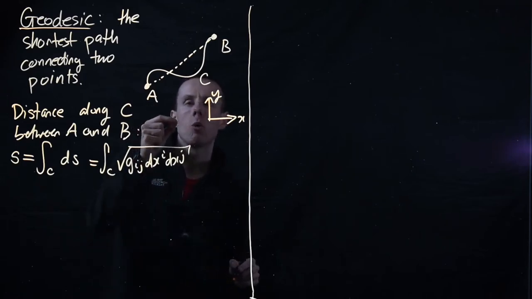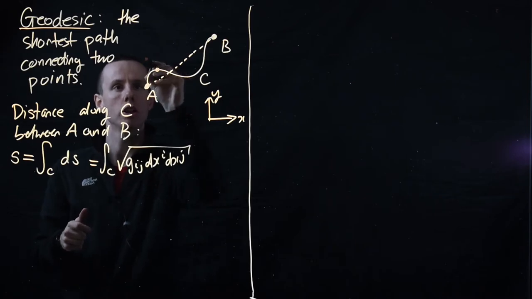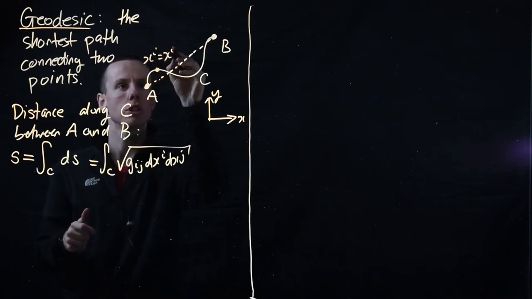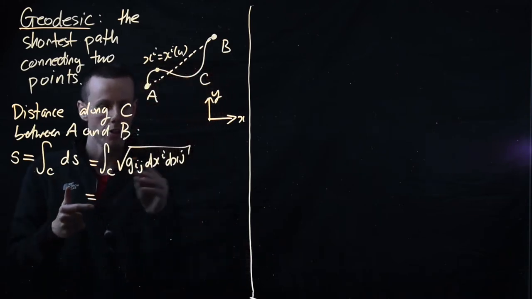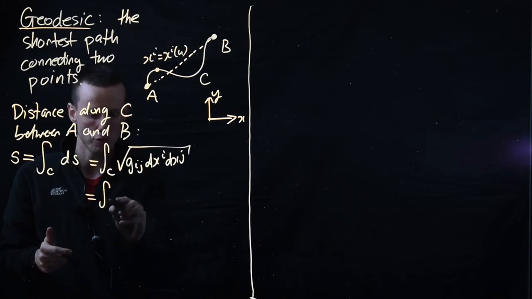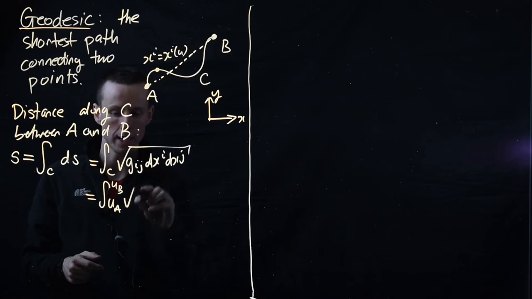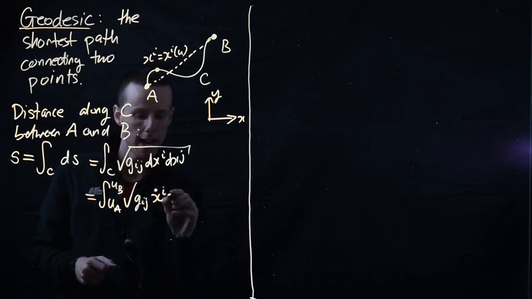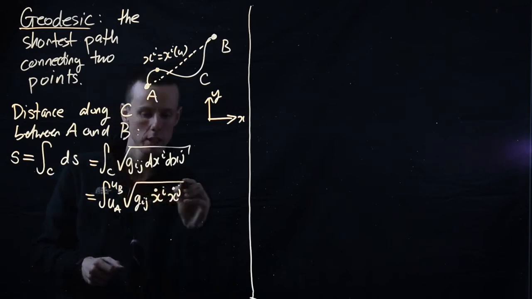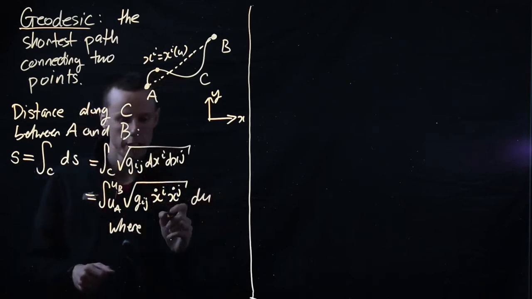And typically we parameterize our curve. So if you have a general point on that curve, we specify its coordinates as a function of some parameter, which we can call u. So using the chain rule, this complicated looking integral just becomes a familiar one-dimensional integral: the integral from u_A to u_B of the square root of g_ij x-dot^i x-dot^j du, where this dot just means differentiation with respect to u.